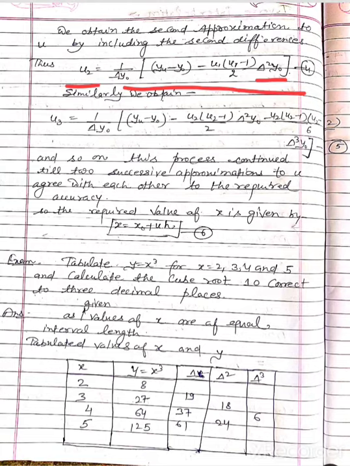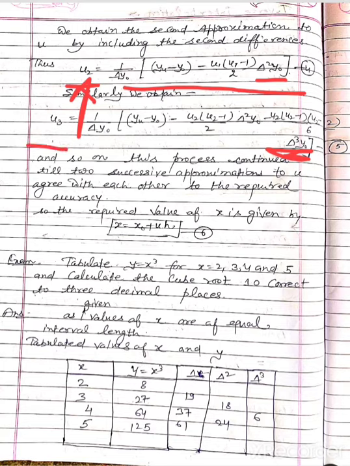Similarly, in the third approximation we take into account the value of u2, the value of u obtained by the second approximation, and consider the terms up to the third difference, meaning the terms up to del cube y0.